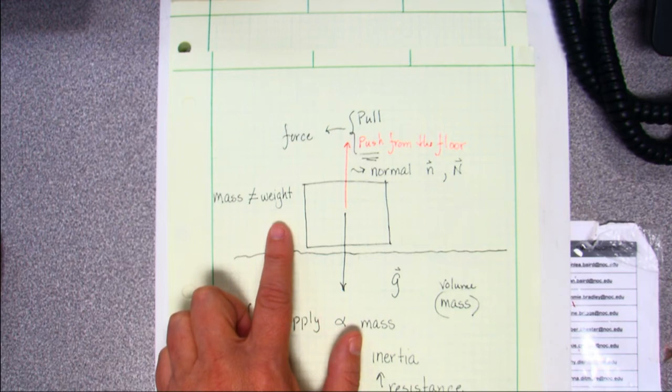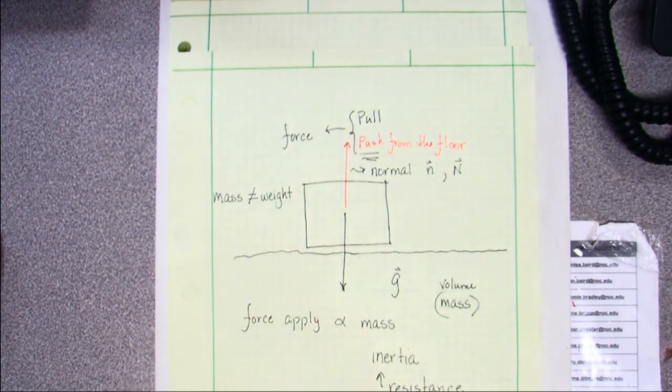But if I'm in the English system and I weigh something, I'm telling you it's pounds. But pounds aren't the unit of mass in the English system. Anybody know what the unit of mass in the English system is? I think we even talked about it a while ago. So those of you online, what is the unit of mass in the English system?